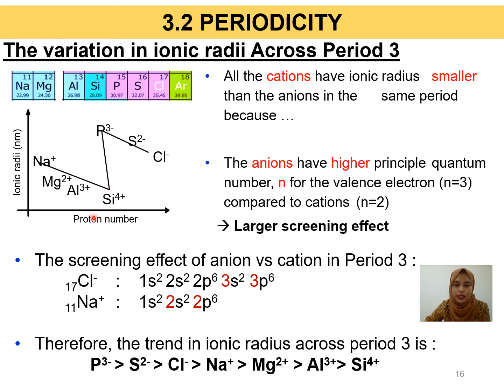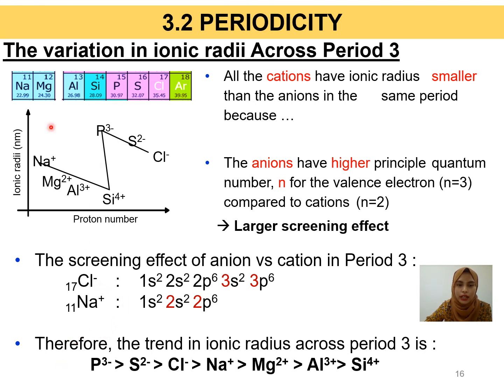If you compare the electronic configuration of Na plus and Cl minus, you can see that Cl has an extra shell compared to Na plus. Therefore, Cl has a larger screening effect. That's why the anion size is larger than the cation size.